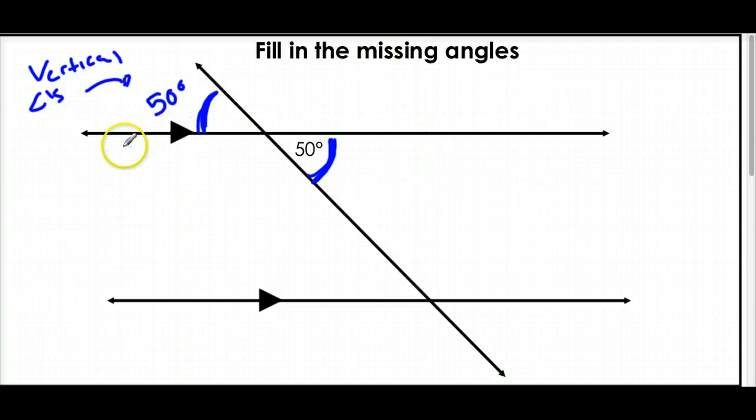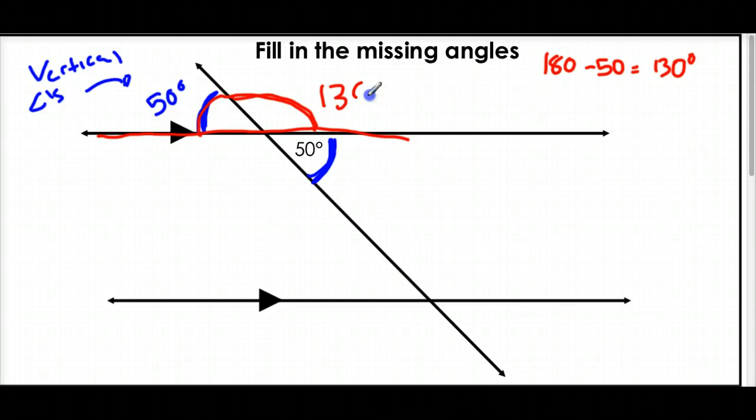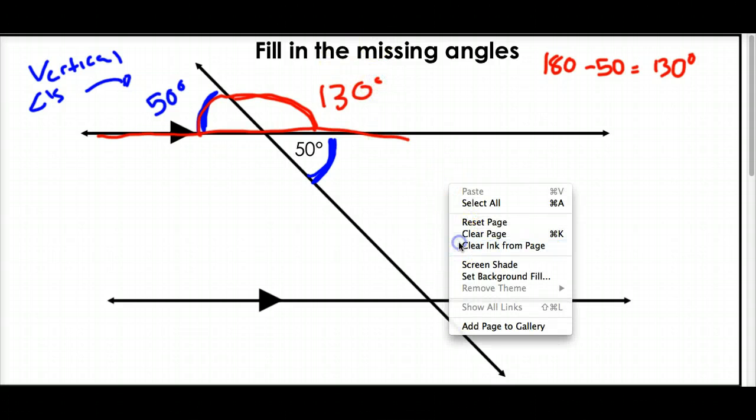Now don't forget, if you look at these two angles, that's a linear pair, this angle and this angle. So I could do 180 minus 50, and that gives me 130 degrees. This has to be 130 degrees. Now let me get that craziness out.